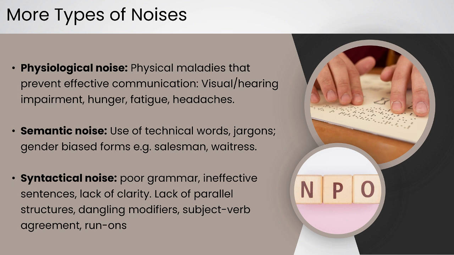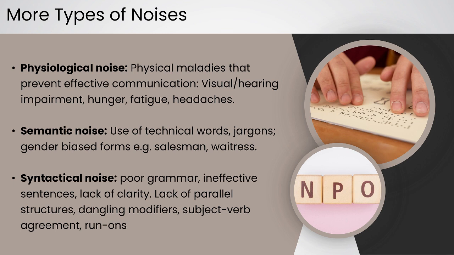Physiological noise. This is to do with physical maladies that prevent effective communication. For example, when you are hungry, you cannot understand messages properly. When you are tired, you have a headache, or you have a visual or hearing impairment. The human body gets tired.